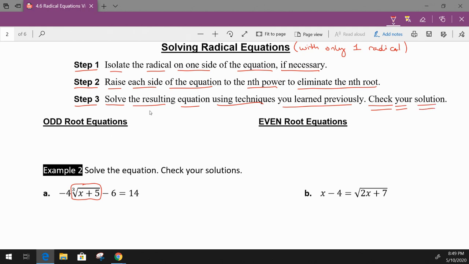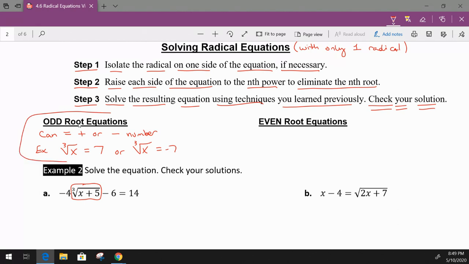I do have a note here about odd root equations and even root equations. An odd root equation can equal a positive or a negative number. So, for example, the cubed root of x can equal a positive 7, or the cubed root of x can equal a negative 7.